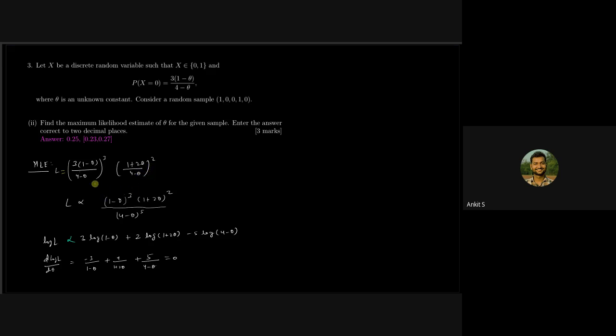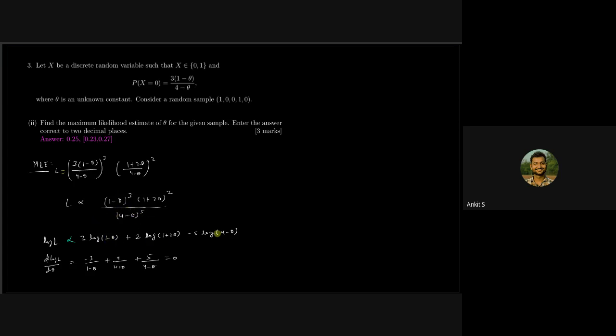Then we just drop the constants, because this does not affect the optimization problem, whether maximization or minimization. Then we take the log, because suppose you want to differentiate this function, how tough it will be. If you take the log, the answer won't be affected.